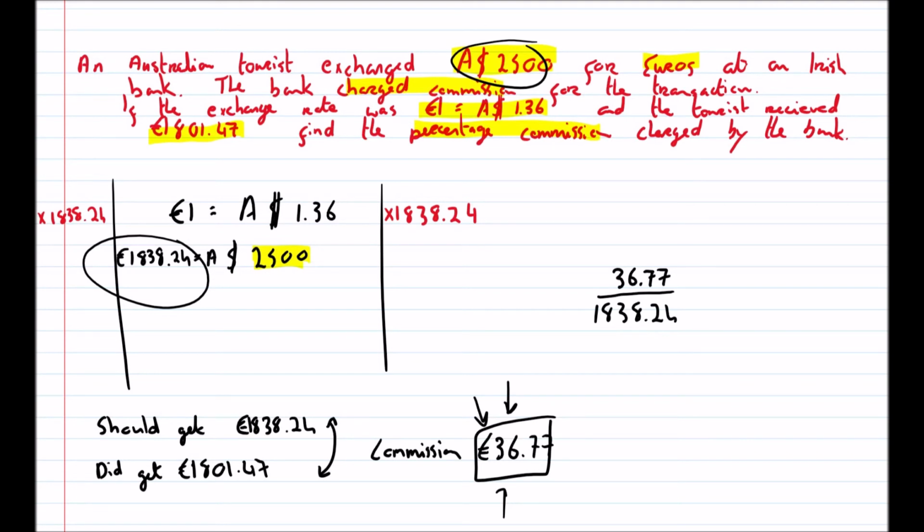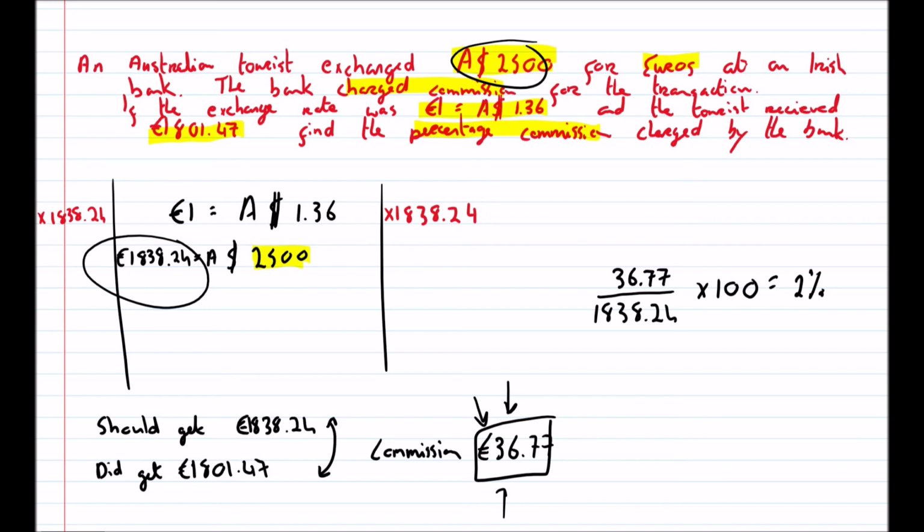So we have 36.77, and I have 1838.24. And we're going to multiply our answer by 100. And we get 2.00, which is 2% commission. Okay?